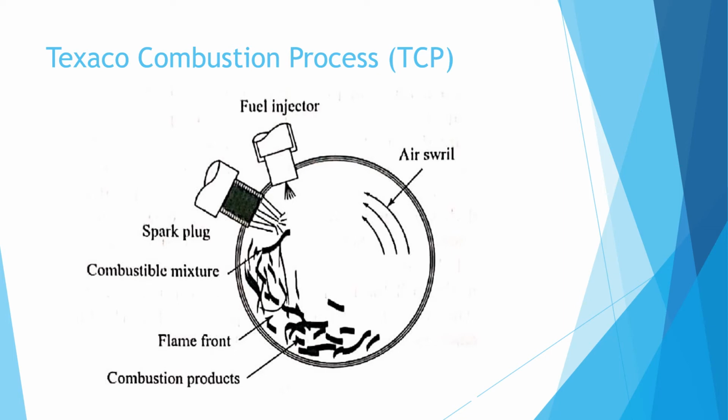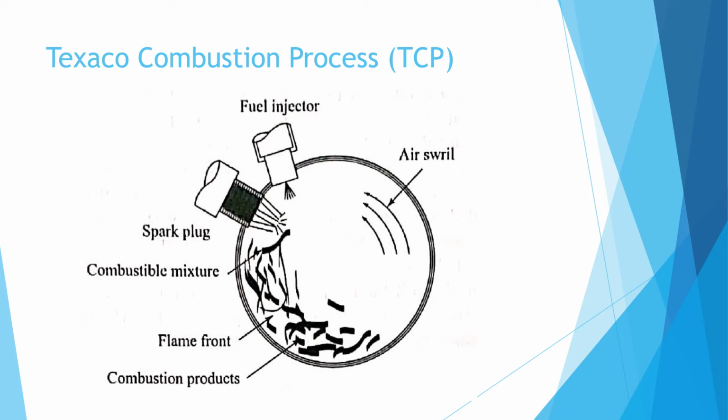The fuel is injected towards the end of the compression stroke. The normal practice is to inject about 30 degrees before TDC, or top dead center, or just after the initiation of the spark.